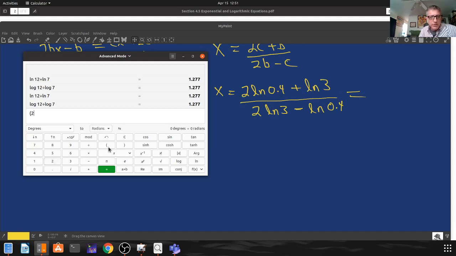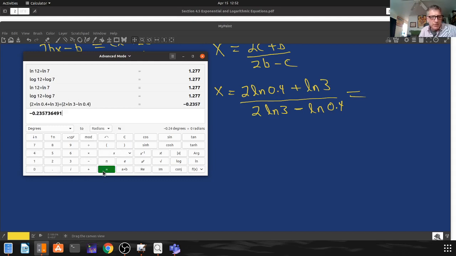So I get 2 times the natural log of 0.4 plus the natural log of 3 in parentheses, divided by, and again in parentheses, 2 times the natural log of 3 minus the natural log of 0.4.